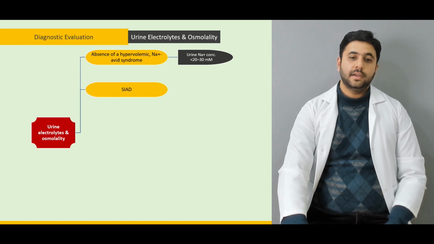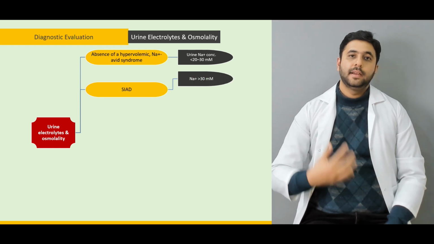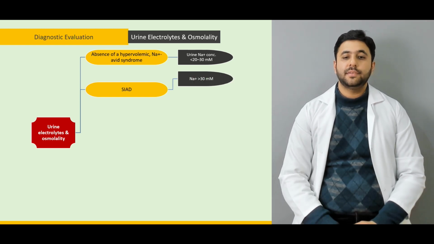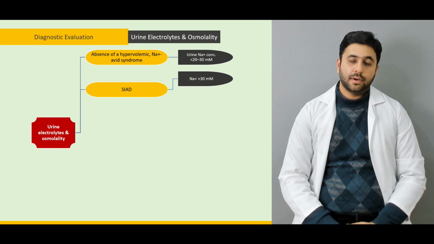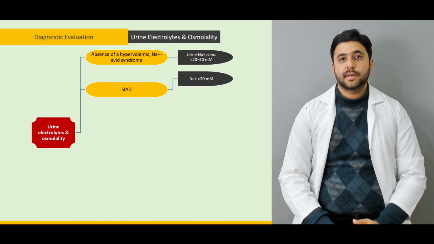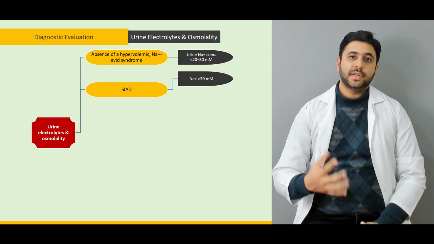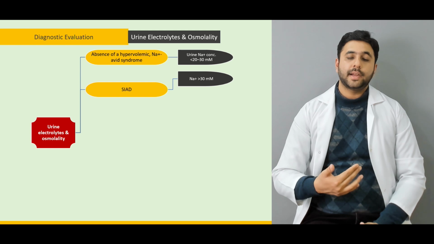Similarly, what will happen in syndrome of inappropriate ADH? Because of an increase in the ADH concentration, the water will be conserved and the sodium concentration in our urine will be greater than 30 millimoles. Because of the other markers, the kidneys will try to compensate for the greater water condition by trying to conserve the sodium.